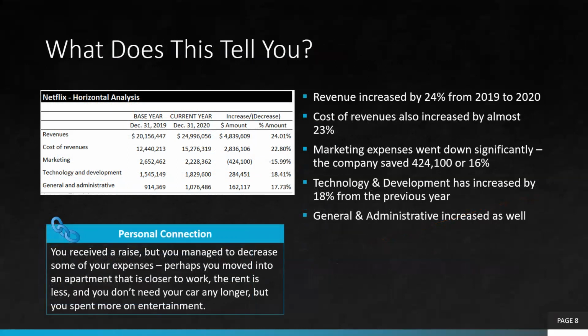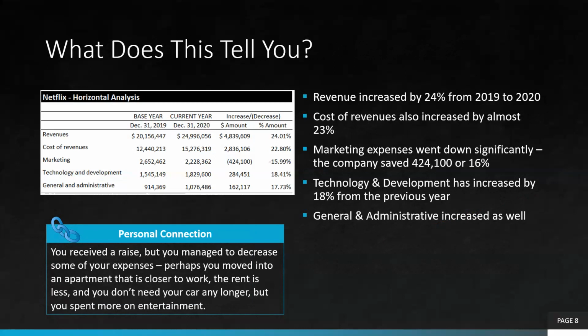Okay, so what does it really all tell us? Well, I'm looking at this and I can see that revenues for Netflix grew by 24% from 2019 to 2020, which is actually very, very good. Their cost of revenues also increased by almost 23%, but their cost of revenues are still relatively small compared to the amount of revenue.